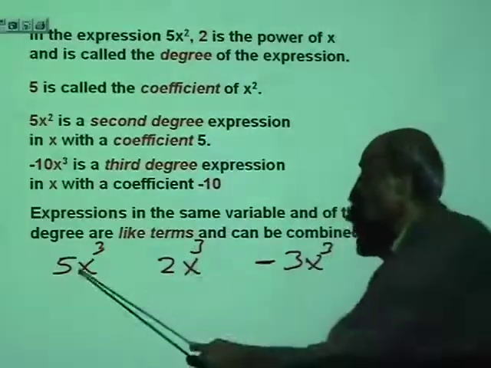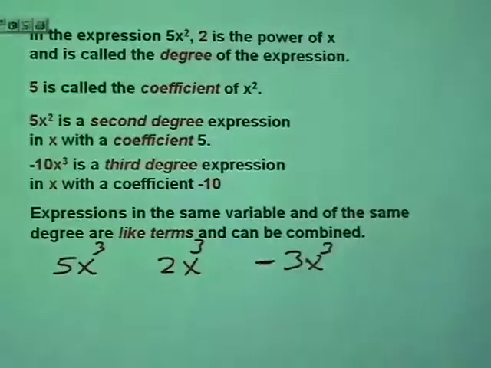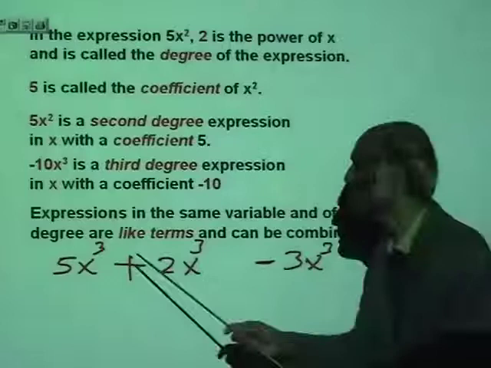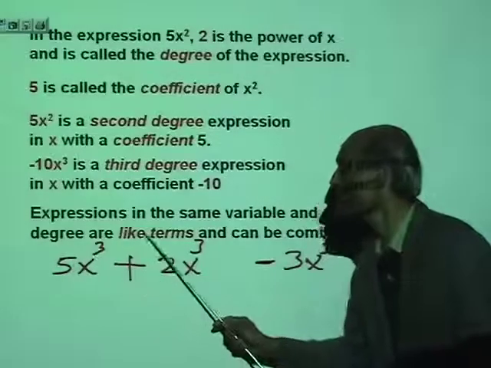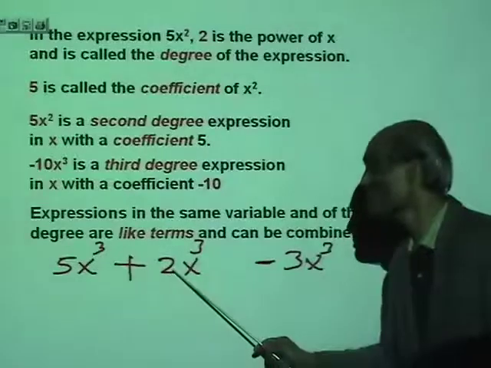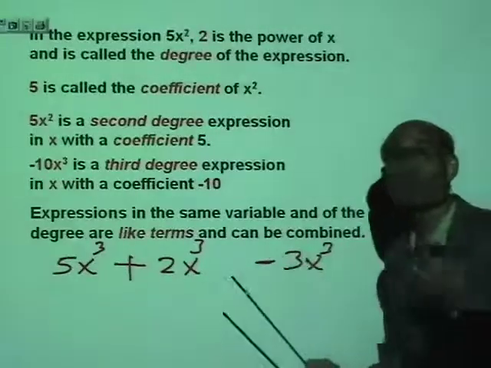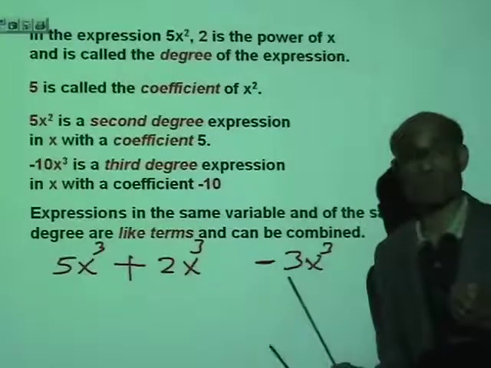Alright, can you add all these together? 5x cubed plus 2x cubed minus 3x cubed. Can you add them together? 5x cubed plus 2x cubed is 7x cubed. Minus 3x cubed will be 4x cubed. Is that right?